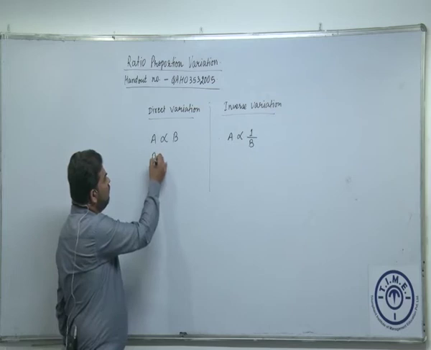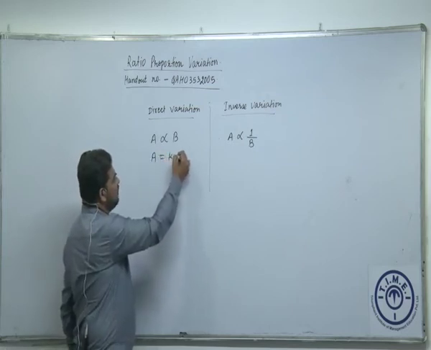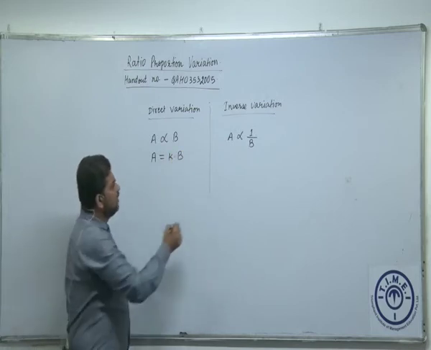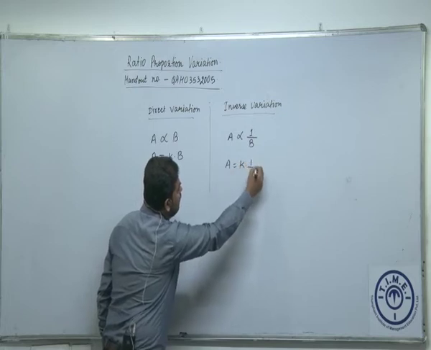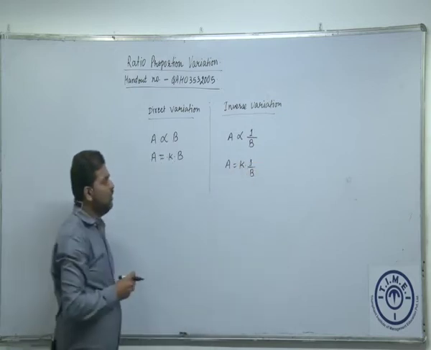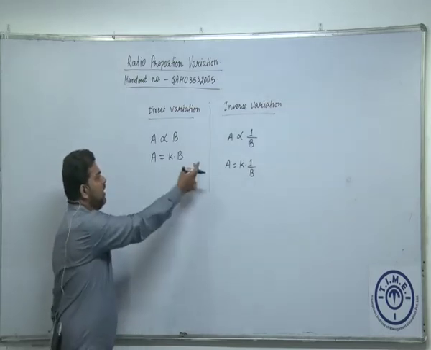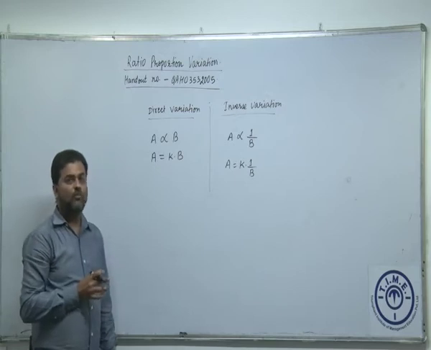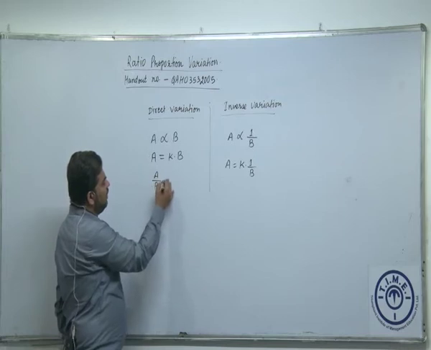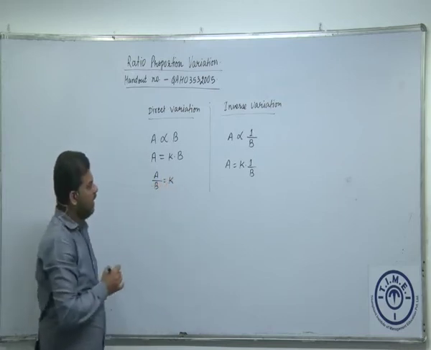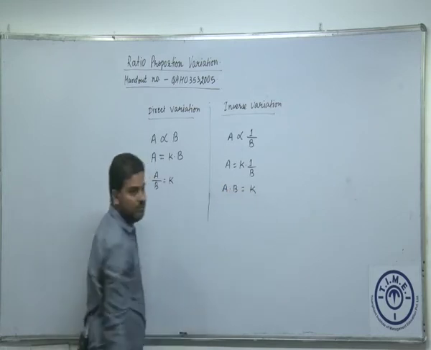When you convert it into the form of an equation, we have to write it this way: A is equal to some constant multiplied by B. Similarly, here it is going to be written as A is equal to some constant into 1 by B. So the constant is to be multiplied on the right hand side of the equation. This K, the constant, is known as the constant of proportionality. Now, in the next step, can we say A by B is equal to K, and in this case can I say A into B is equal to K?